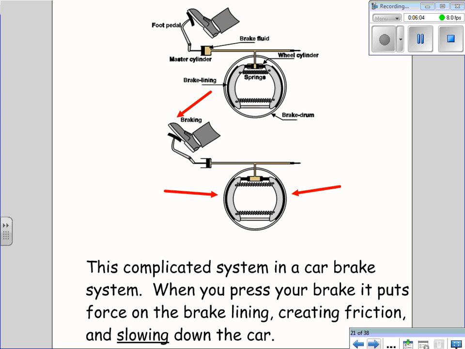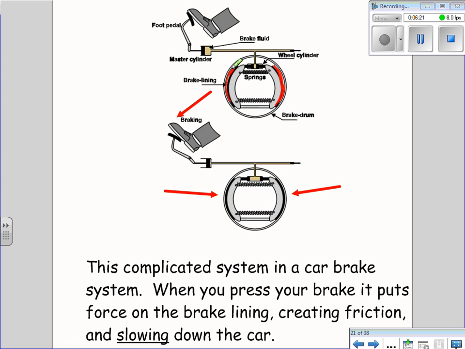When there is no pressure, no force on the foot pedal, you can see we've got a space in here. All right, and that means that our car can go. We don't have the brakes on.